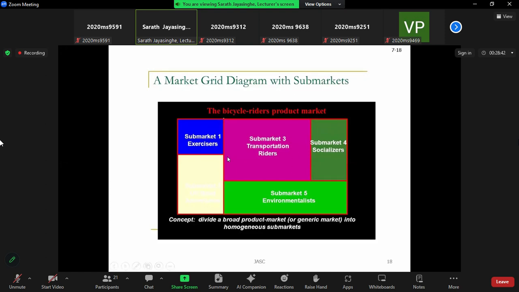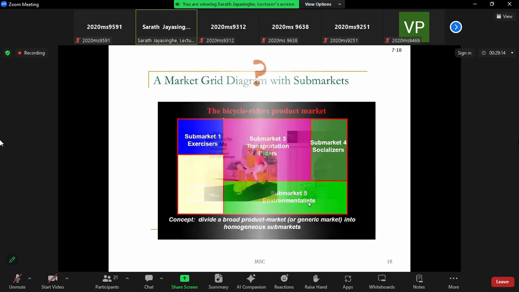That doesn't matter. You can understand the differences under the bicycle riders product market. Some people are exercising, that is why they use a bicycle. Some use it for transportation. Socializers go on visits, tours, and different groups of riders go together. So you divide a broad product market or generic market into homogeneous sub-markets.